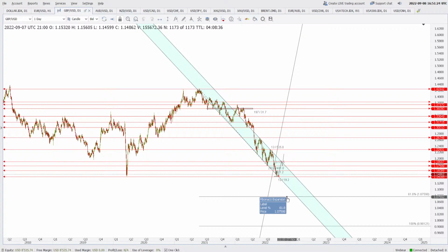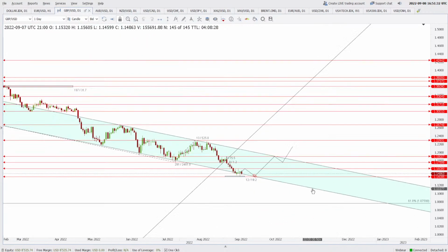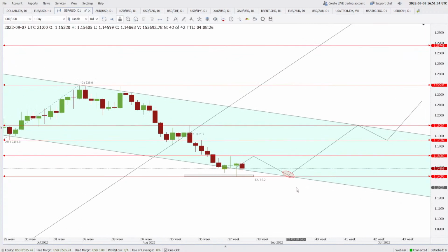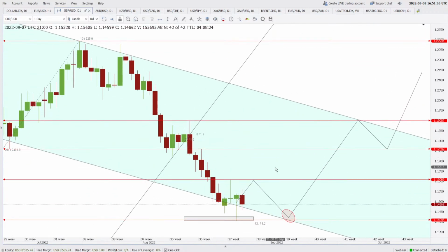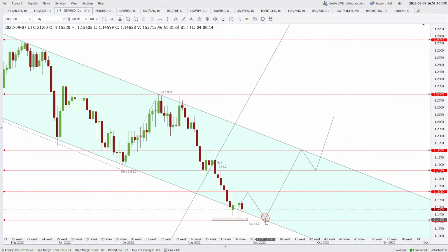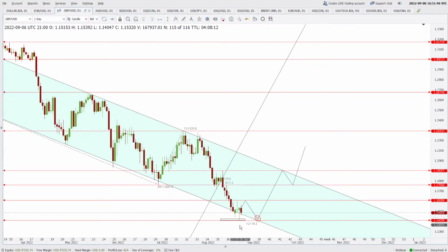So it may take time to reach 1.0759, but this is the next level of support in case 1.1409 is breached. All right, but till the time these two levels are holding, above 1.1608 it's a buy, and below 1.1409 this is sell. Sell means this is not a very strong currency against the dollar.